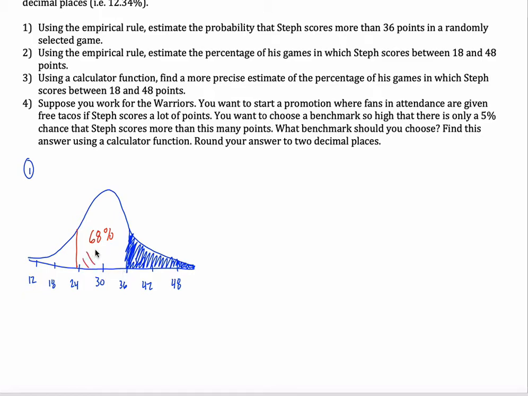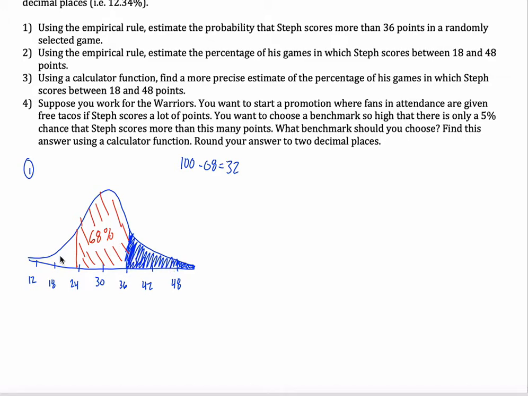Okay, that's great, but that's not the answer. But if you know that this is 68%, you can figure out how much area is shaded in blue. The logic is, if 68% is shaded, then 32%, or 100% minus 68%, is not shaded. And you're like, right, but the blue is not everything that's not red.